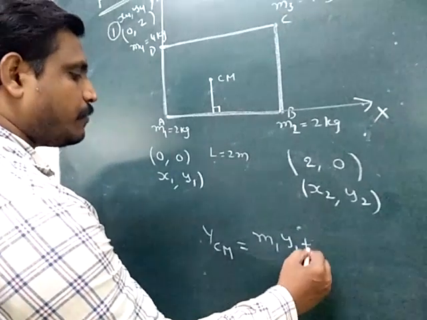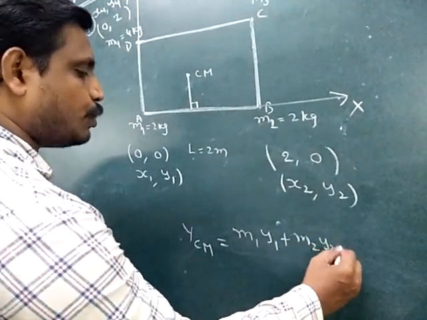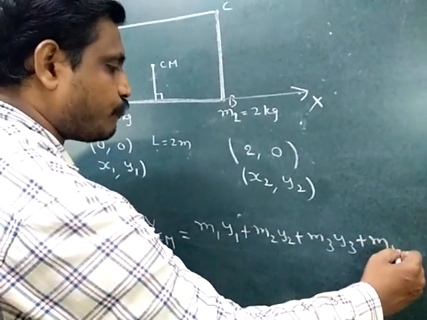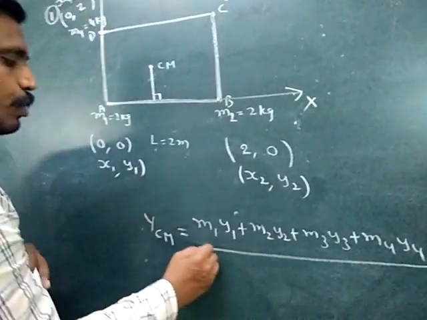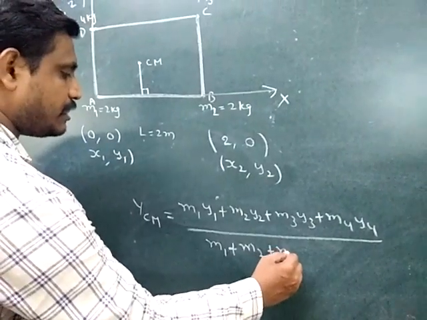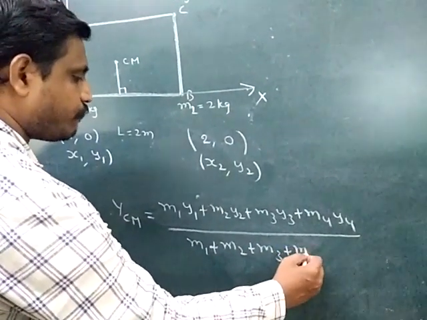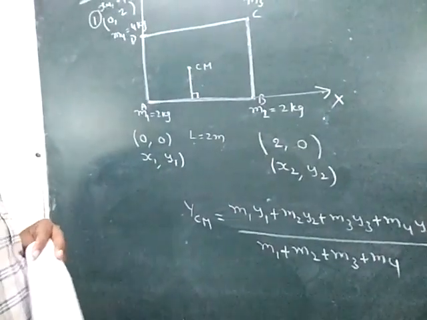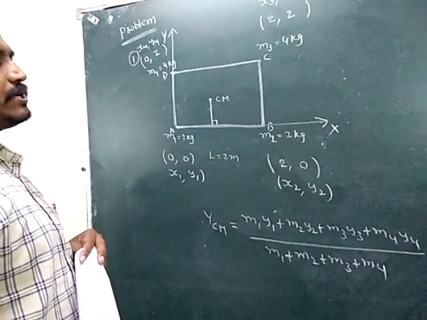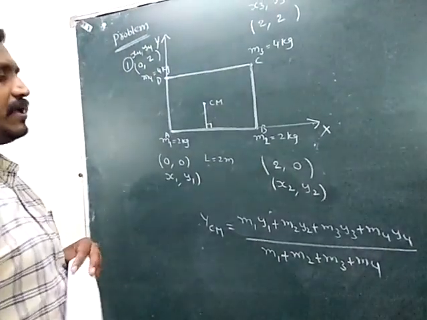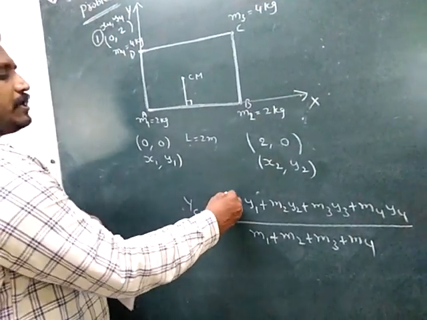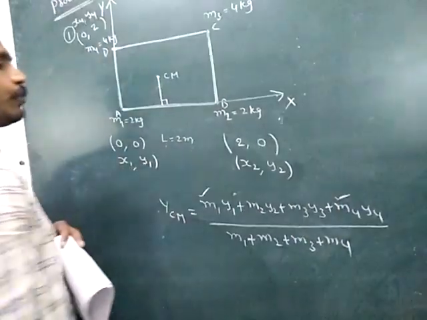M1 y1 plus M2 y2 plus M3 y3 plus M4 y4 by M1 plus M2 plus M3 plus M4. Other XCM is M1 x1 plus M2 x2 plus M3 x3 plus M4 x4 by M1 plus M2 plus M3 plus M4. Here 4 particles are there, so I take 4 masses.